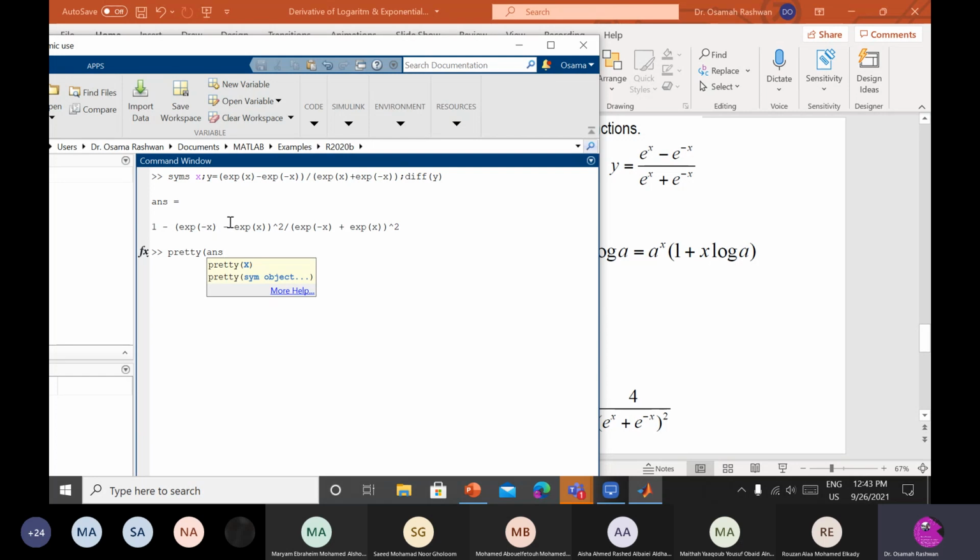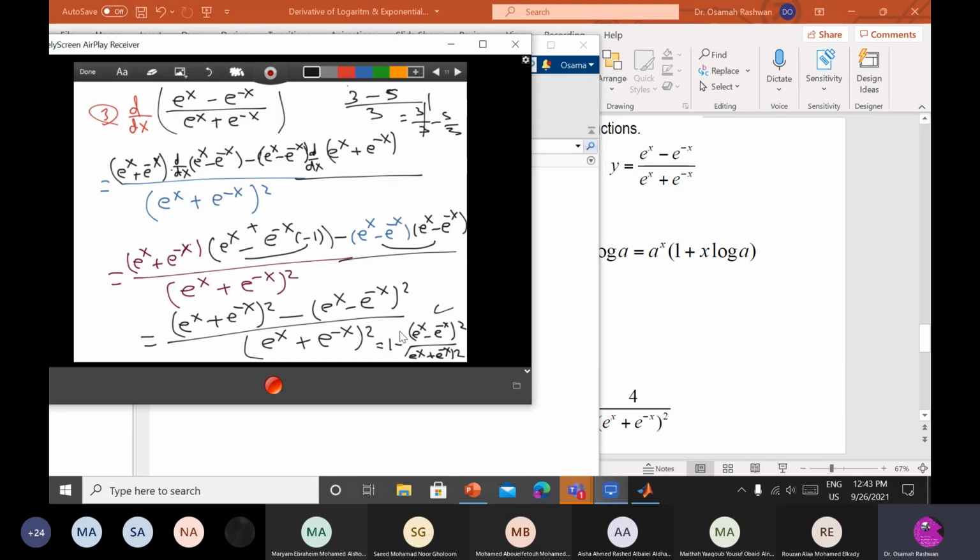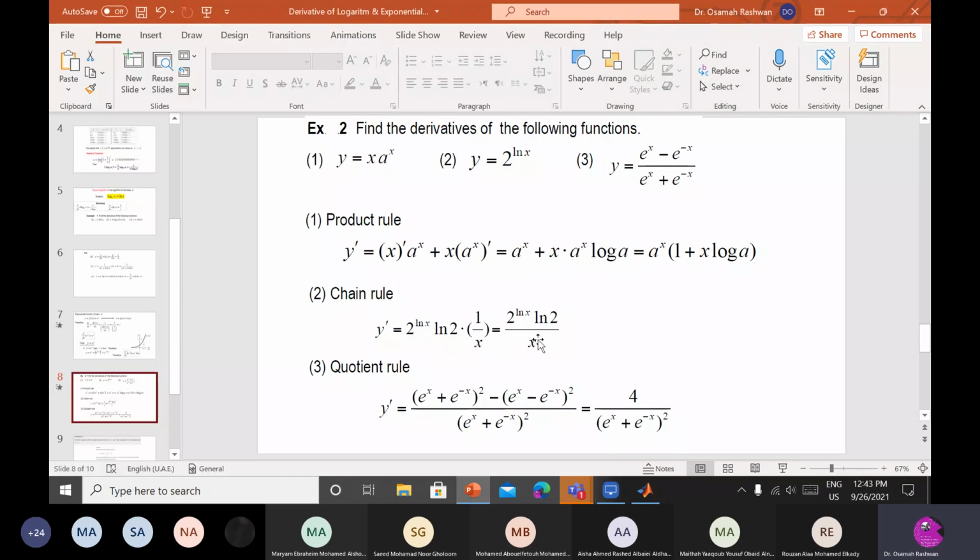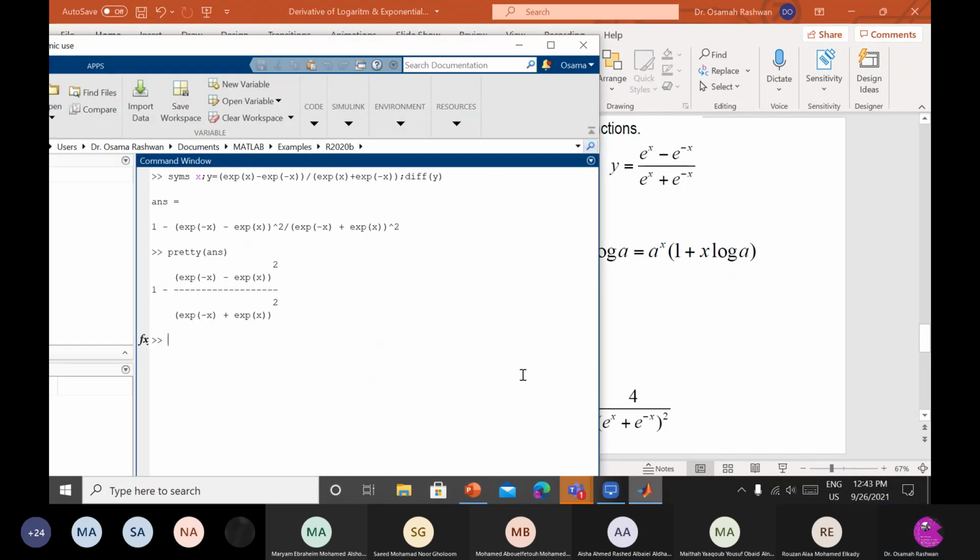So I would like to make pretty for this one. Yes, this is the last thing I have done for you. If you remember, 1 minus e to the x minus e to the minus x, squared, over this one. I will give you this one in your chat.